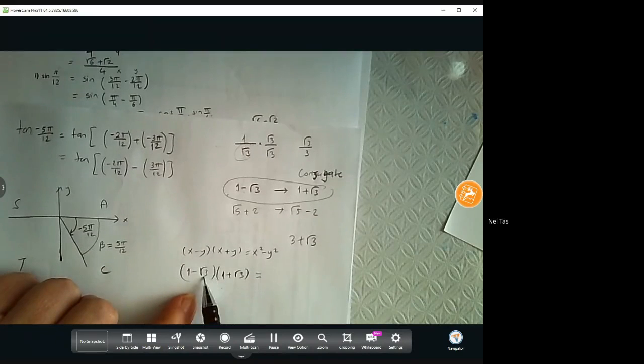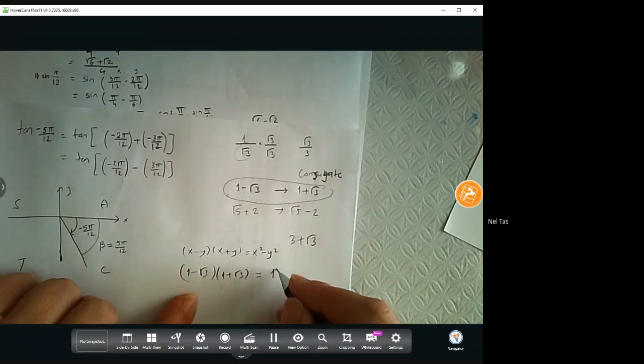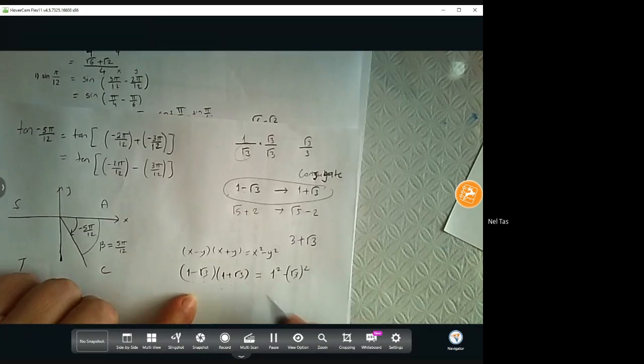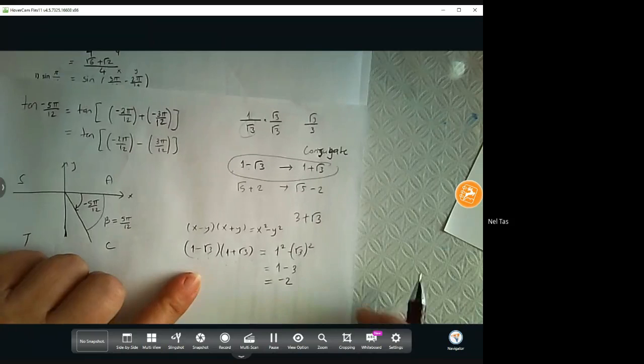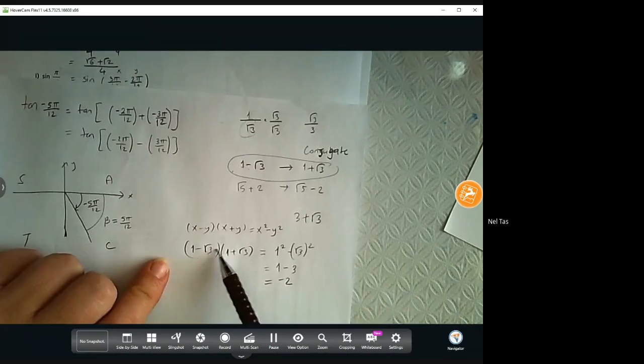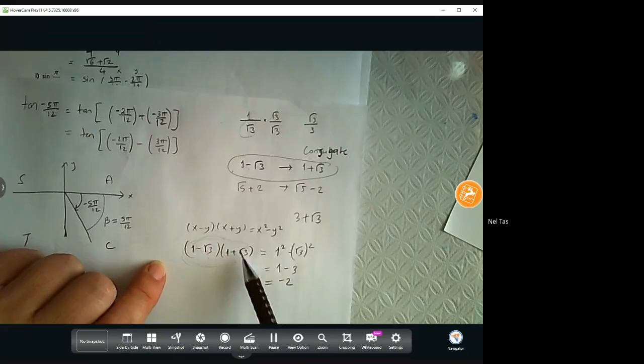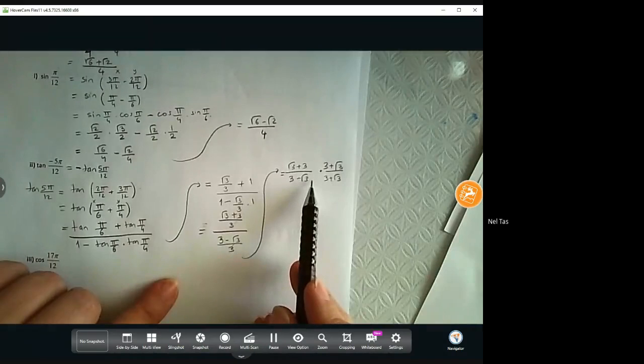So we have the same thing here. 1 minus root 3 times 1 plus root 3 is going to be 1 squared minus root 3 squared. So 1 minus 3, then you get negative 2. As you see now, if you create this difference of squares, you get rid of the radicals. So you are able to now rationalize this denominator.